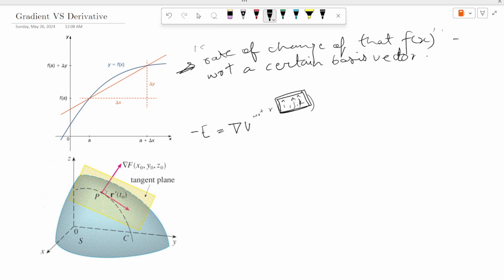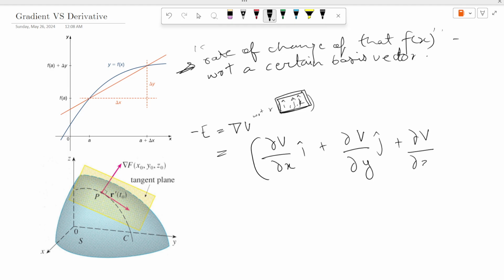So how we mathematically write it is del V upon del x i cap plus del V upon del y j cap plus del V upon del z k cap. This is how it is mathematically written.